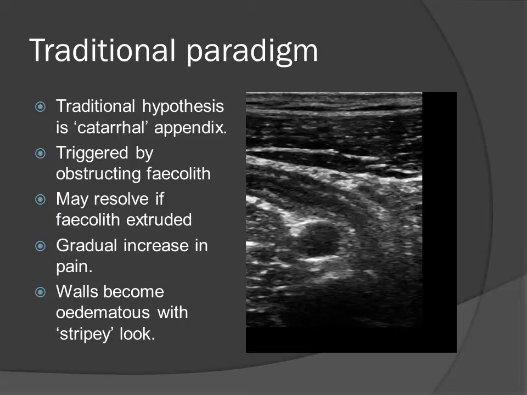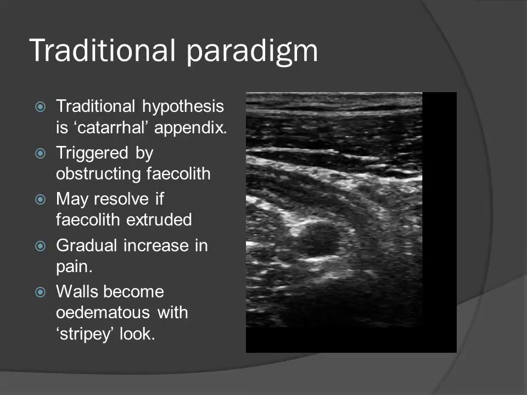Start with a bit of background though. We look at the traditional paradigm which suggested that appendicitis, which used to be called a catarrhal appendix by the pathologists, was probably triggered by an obstructing fecalith. It was thought that it might resolve if the fecalith was extruded, and gave symptomatology of a gradual increase in pain.